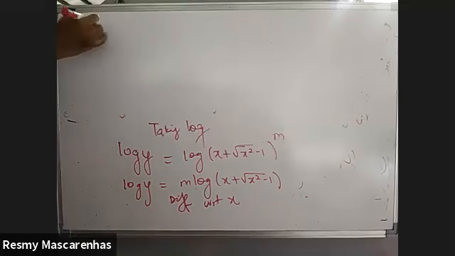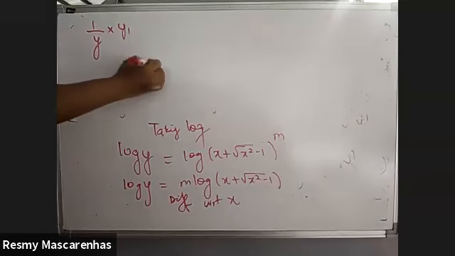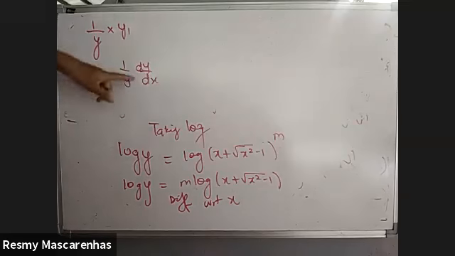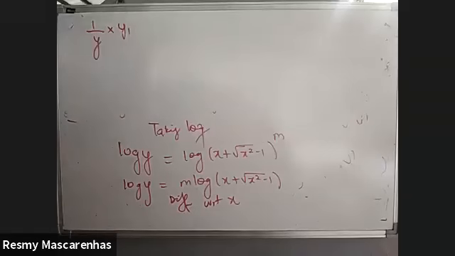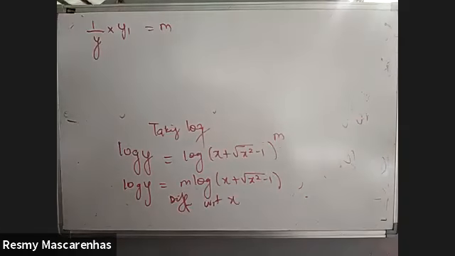So derivative of log something will be 1 upon y, but this is not x. So extra derivative of y will be how much? y1 or dy by dx. We used to earlier write like this, now 1 by y, dy by dx. So it is the same thing. So instead of dy by dx, I can write it as y1, which is equal to m, like a pure number, so keep it at the side only.